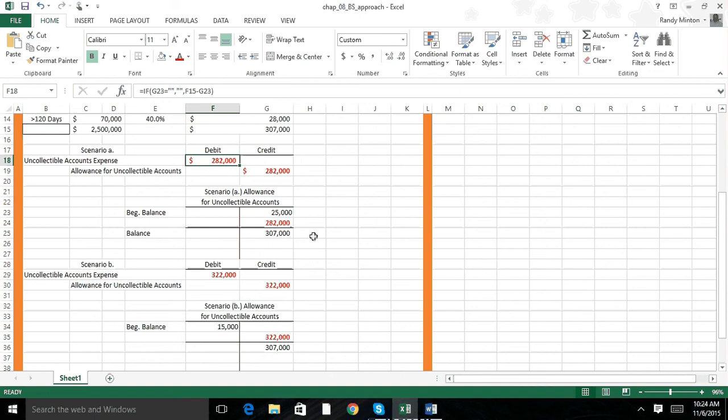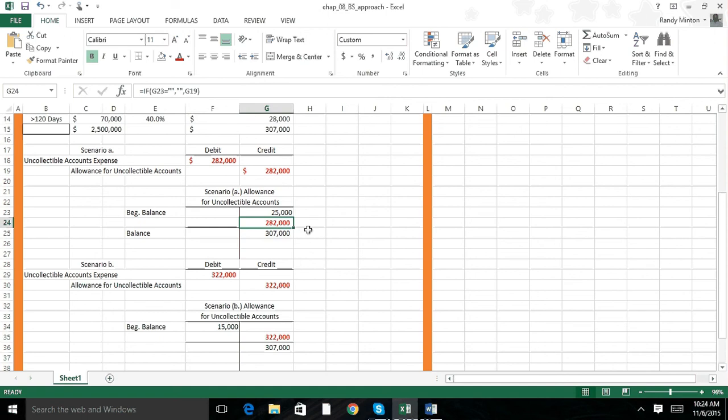Now, how did the actual calculation appear? Well, it was simple. Because it's on the credit side and this is a credit account, I started with this number, subtracted this number, so that I could get to a number that I could add to this number to come up with this balance.